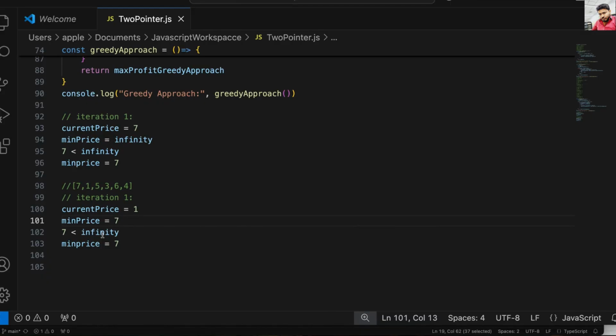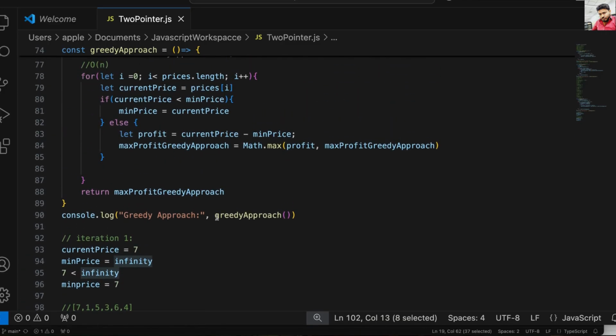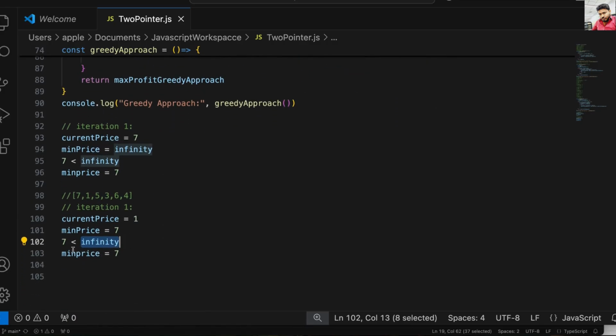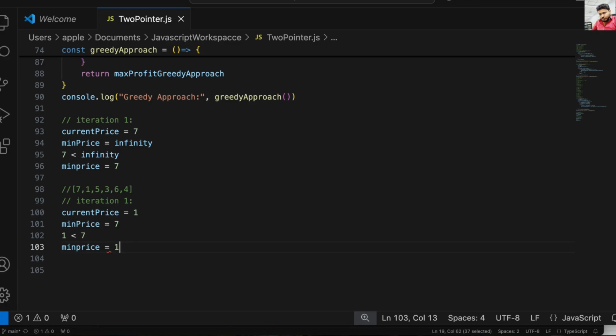Here current price is less than the minimum price. I am checking current price 1 is less than the minimum price, so it will be satisfied and update the minimum price to current price.